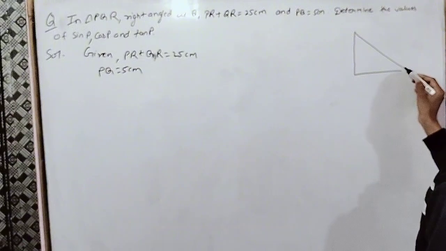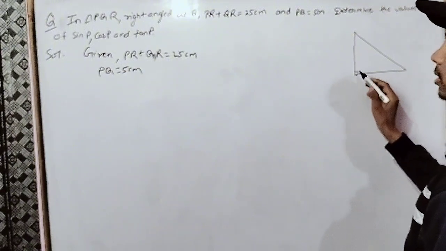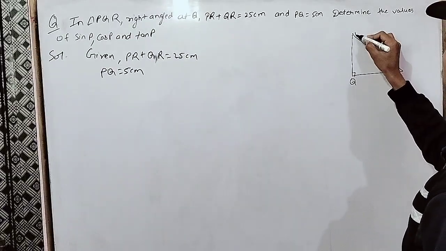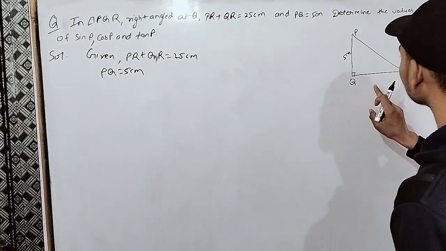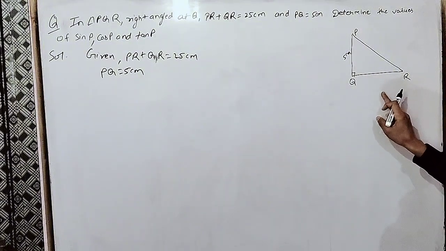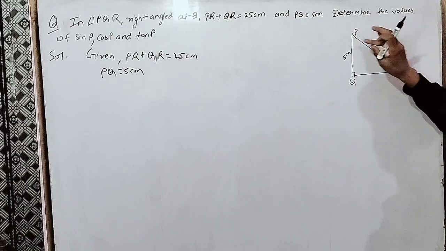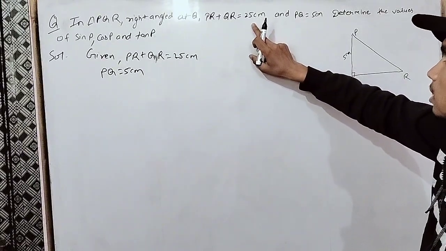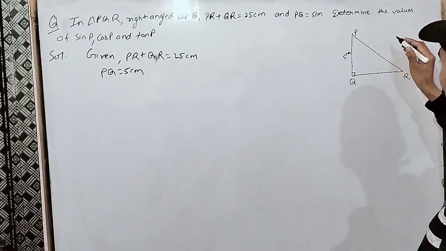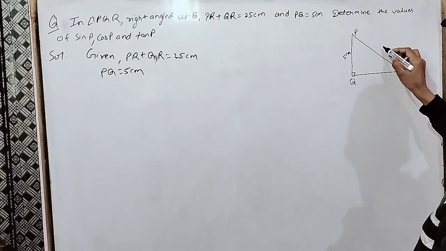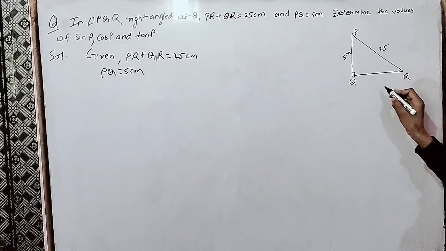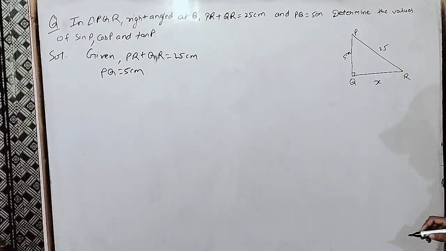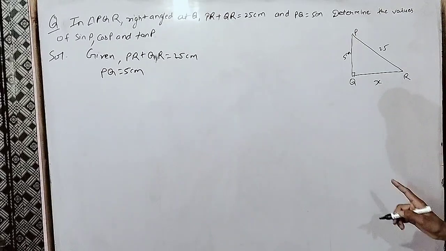We have a right angle, and this is Q, P, R. Now here, PQ is 5 centimeter. This and this is how much? 25 centimeter. Let's suppose QR is X. We don't know the exact value of QR.